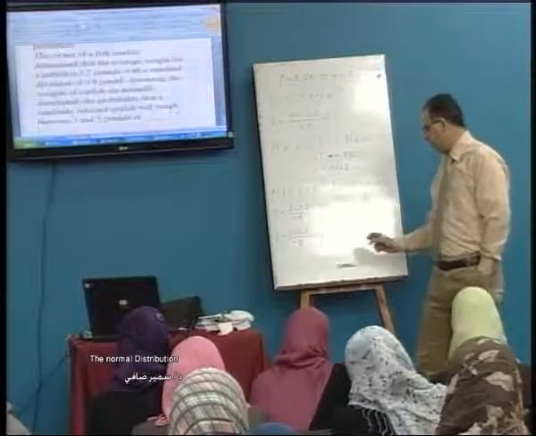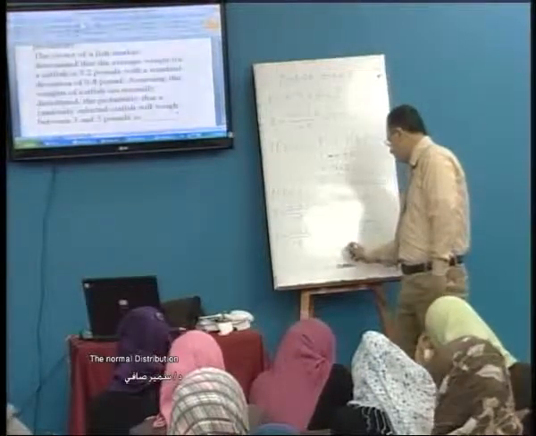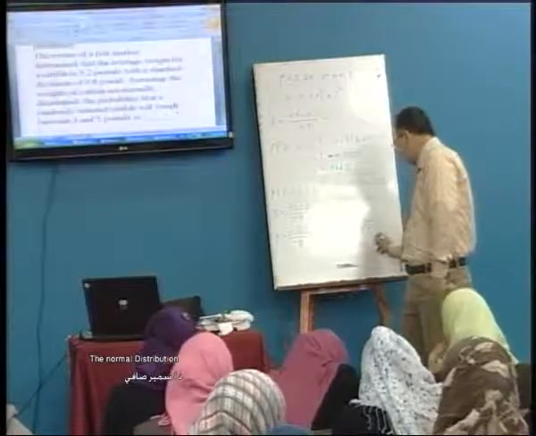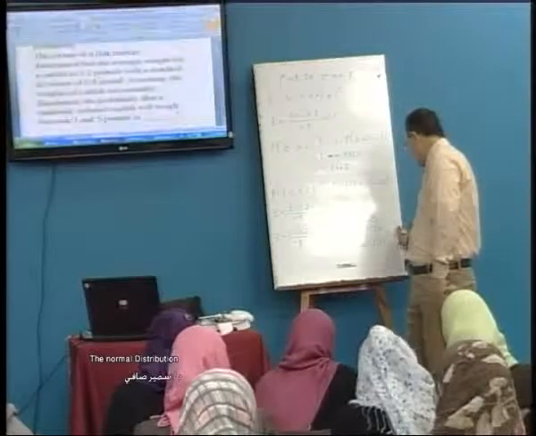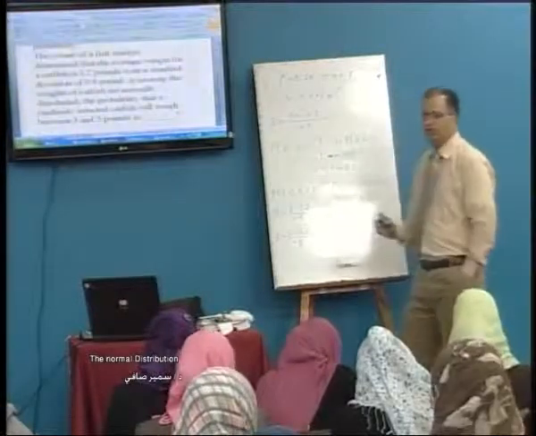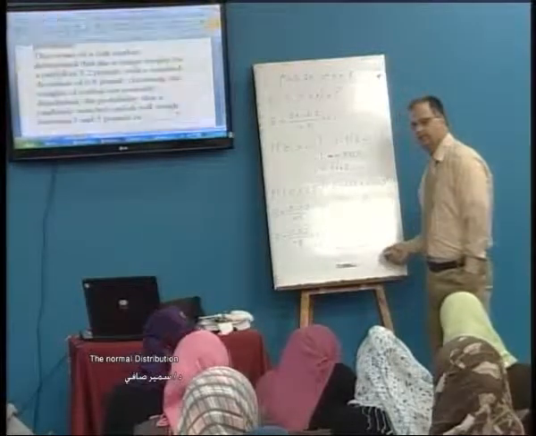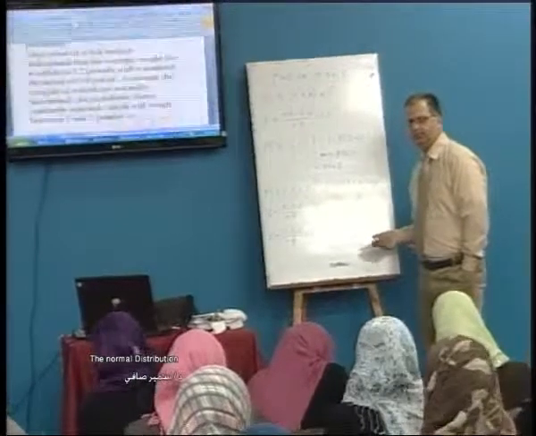So this area equals the probability of z less than 2.25 minus the probability of z less than minus 0.25, and again use the normal table to give these values. Any question?